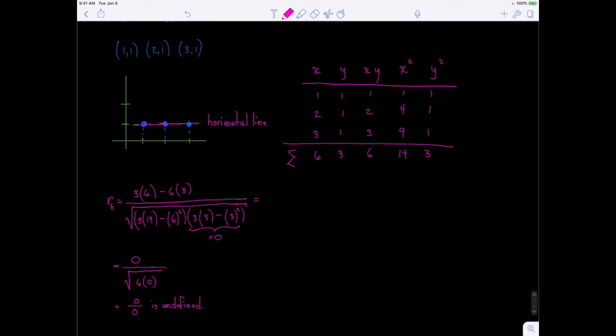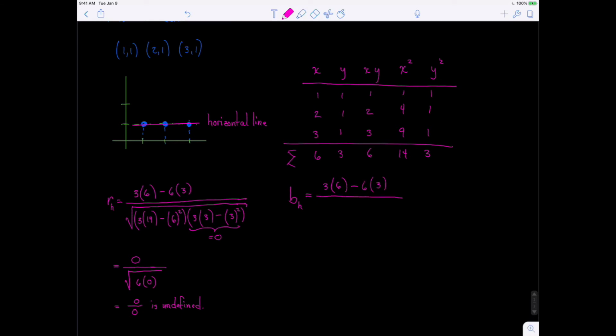Well, let's see what happens to B. Let's see what happens to the horizontal component of b. And I should probably erase those equals since I went down and not left to right. So let's find the horizontal slope. All right, so remember, we take the number of data, that's 3, times the sum of the xy's, that's 6, minus the sum of the x's, which is 6, times the sum of the y's.